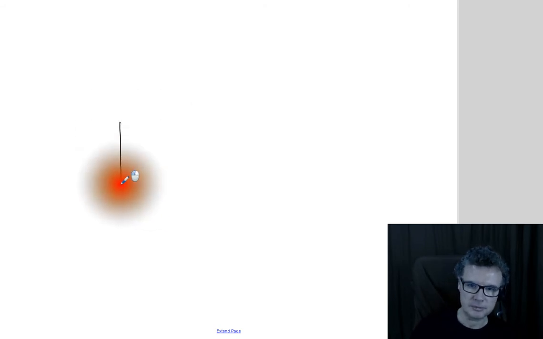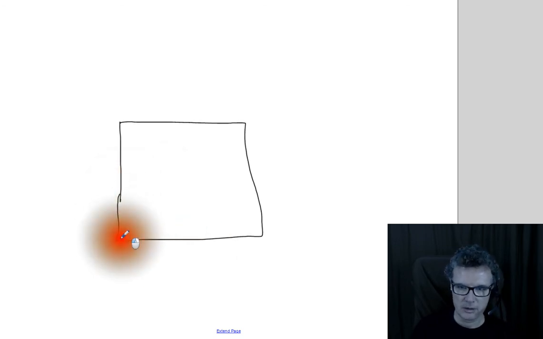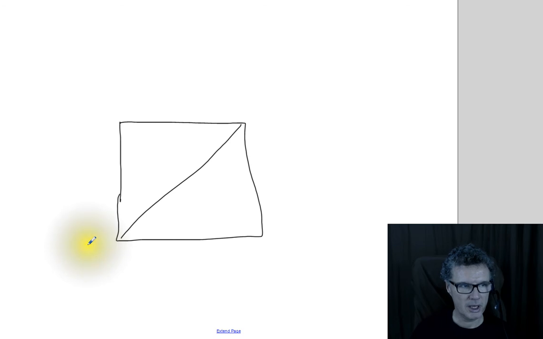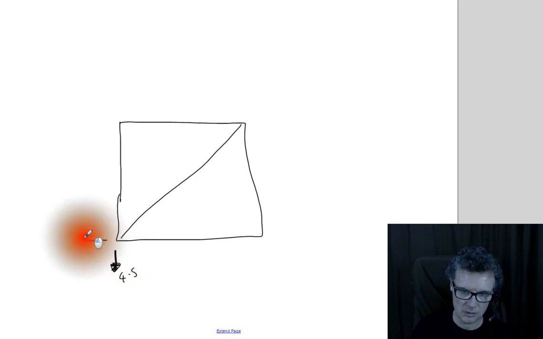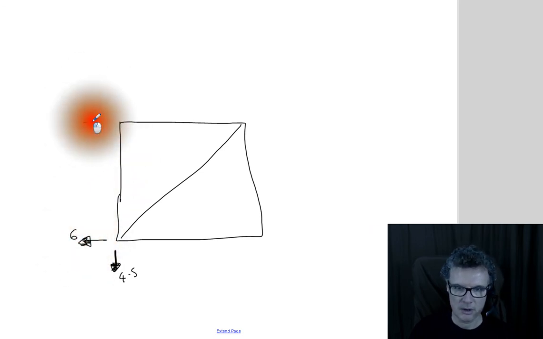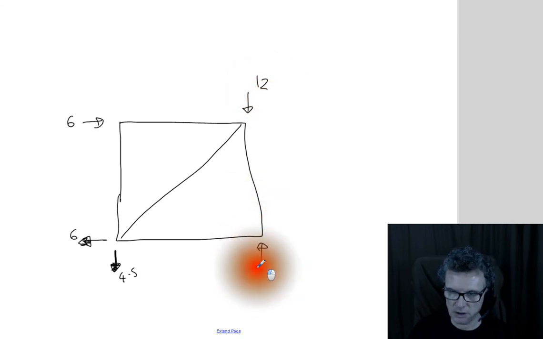Right. So let's label everything up. So we have the external forces. The applied load of 6 here, applied load of 12 here, and we've got another reaction here of 16.5.